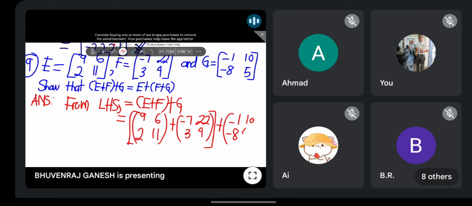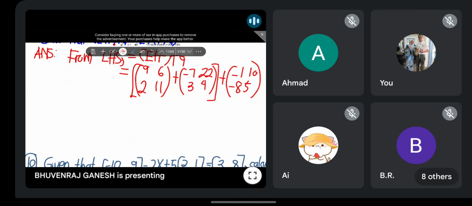Okay, guys, first step. Do you all understand me? What I'm doing? I start from the left hand side so that I can get my answer to what they show on the right hand side. So that is the concept I'm using. Okay, so we have to continue to solve until we get the answer. Okay, so next step basically is your normal matrix. So 9 minus 7, 6 plus 22, 2 plus 3, and 11 plus 4.